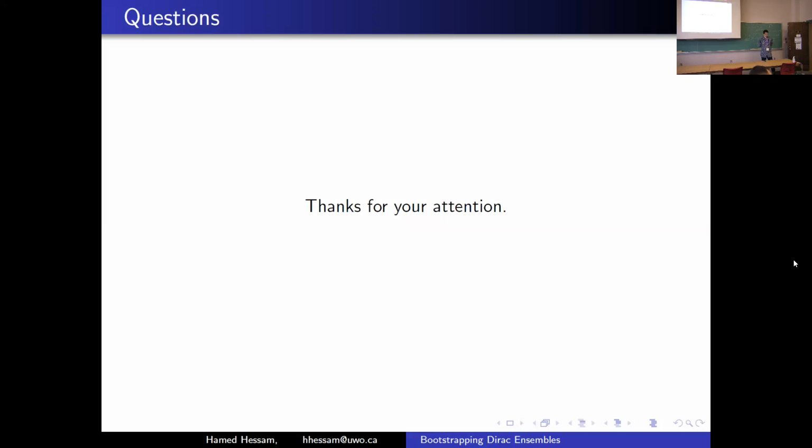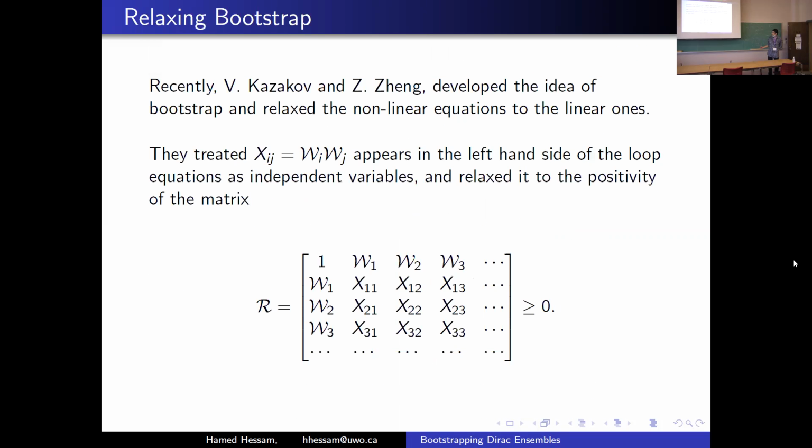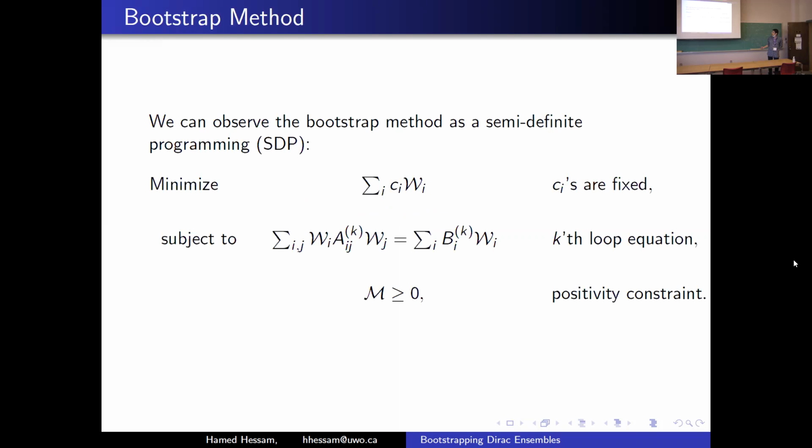But one thing I didn't understand is the Kazakov idea. You said they replace a quadratic term, they declare it to be just one variable. What do we gain by renaming this variable? Yeah, the region to find for the SDP should be convex, but this quadratic equation is not convex. So they try to replace it with the linear ones.